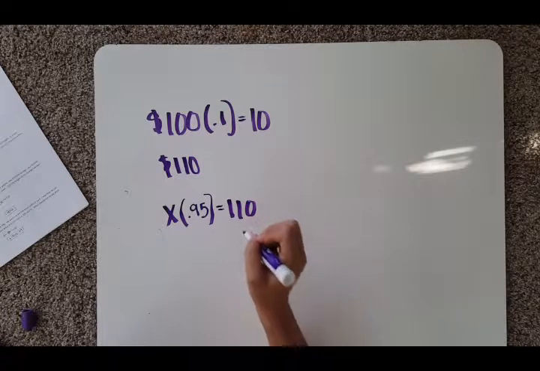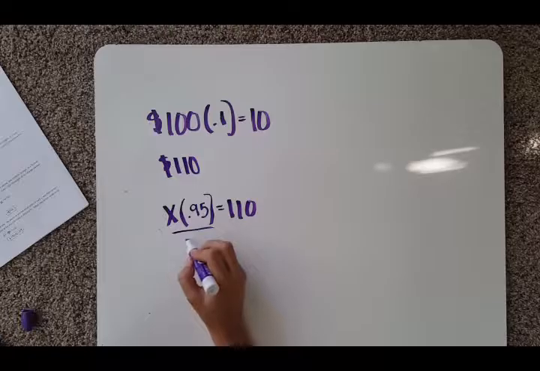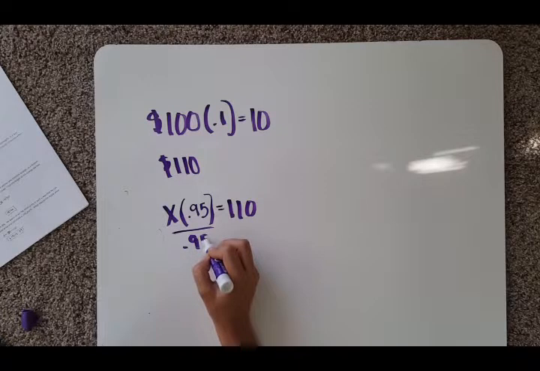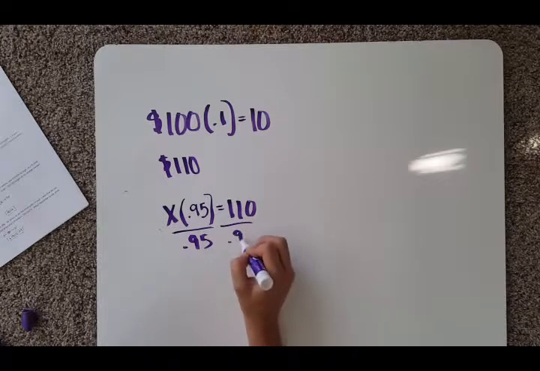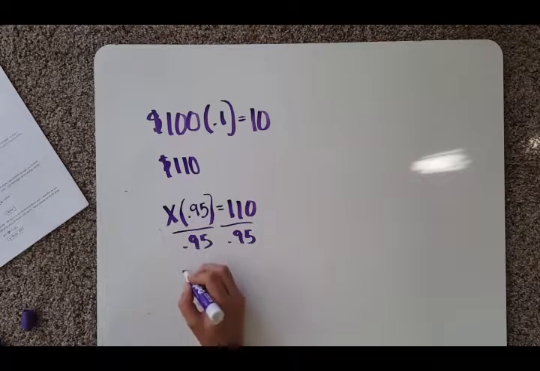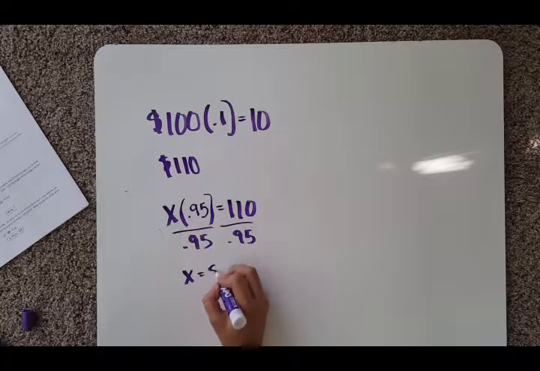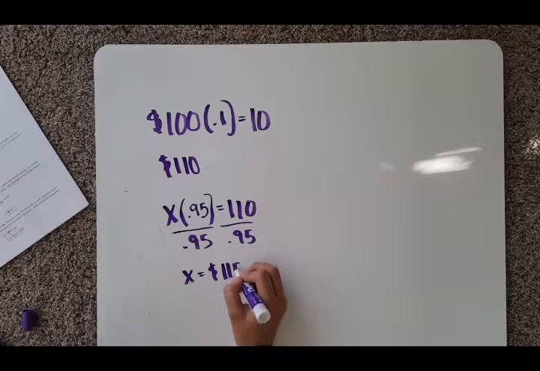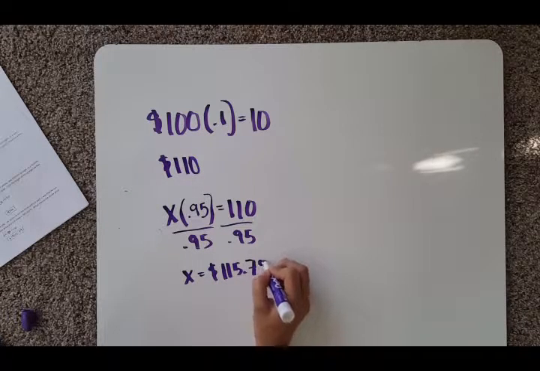So now all we have to do is divide by the 0.95. $110 divided by 0.95 equals $115.789.